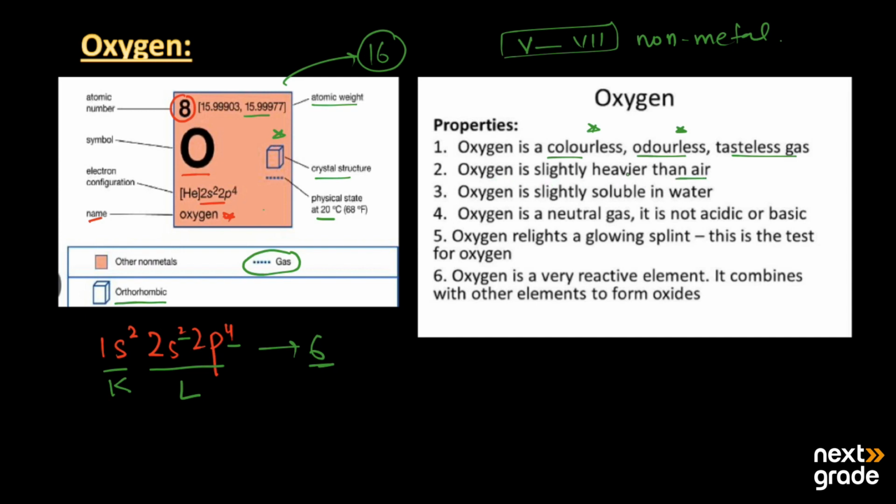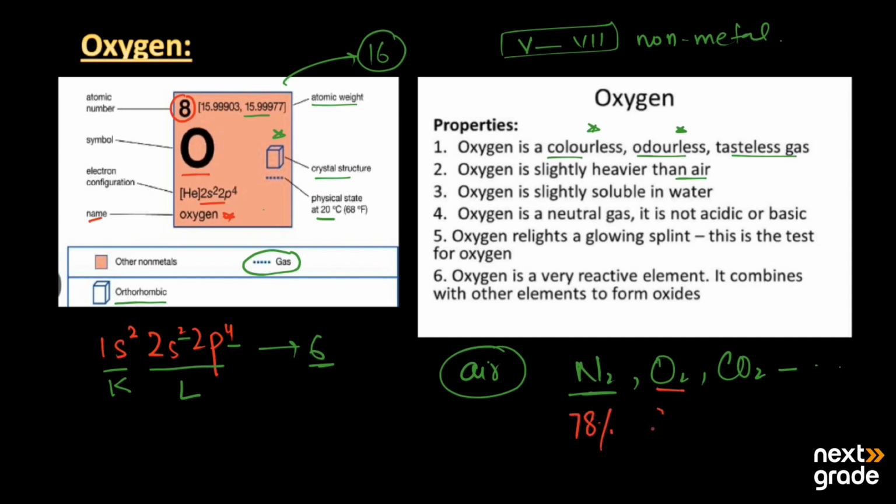If you look at the composition of the air, it contains the gases nitrogen, oxygen, carbon dioxide and some other rare gases, in which nitrogen is about 78% in the air, oxygen is almost 21%, and the other gases are less than 1% in the Earth's atmosphere. So if we compare the whole composition with oxygen, then oxygen is slightly heavier.